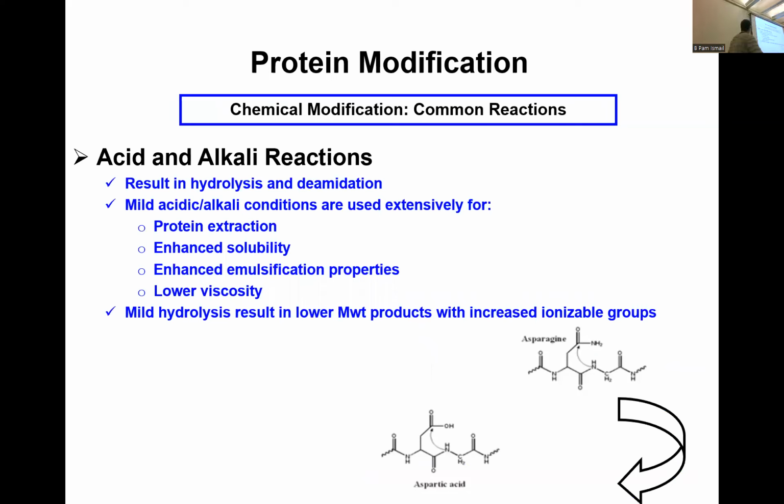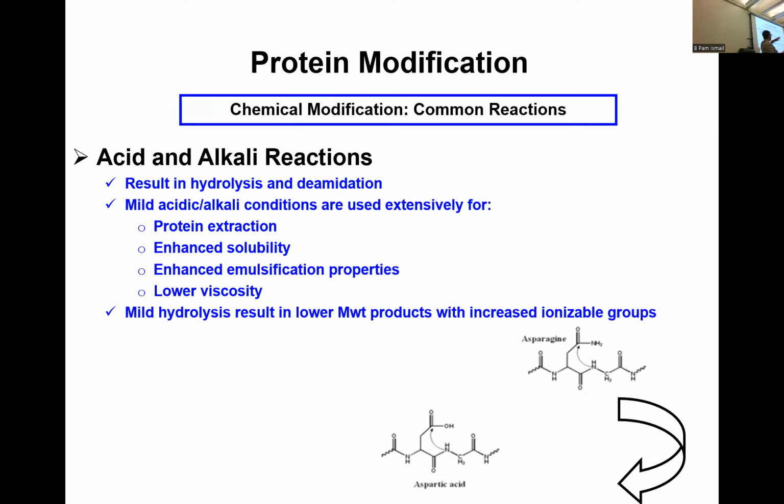Another form of chemical modification is acid or alkaline reaction. We often use acid or alkaline conditions when we are extracting the protein. We often change the pH to enhance solubility, to enhance emulsification properties, or lower viscosity.